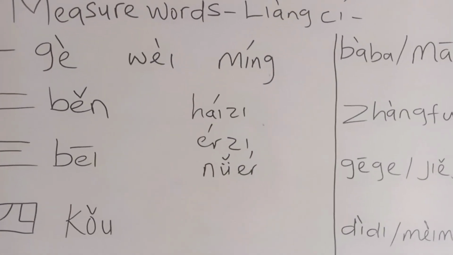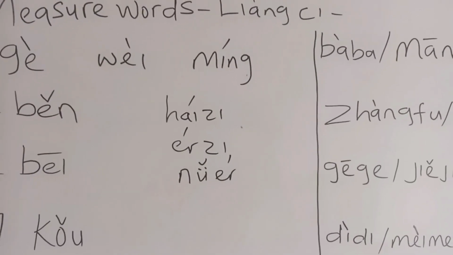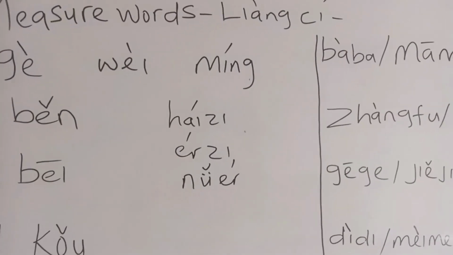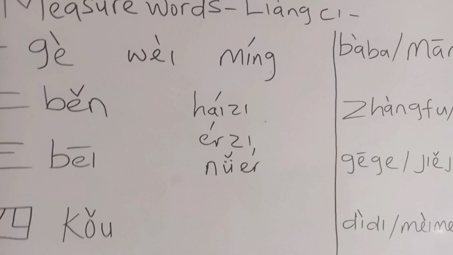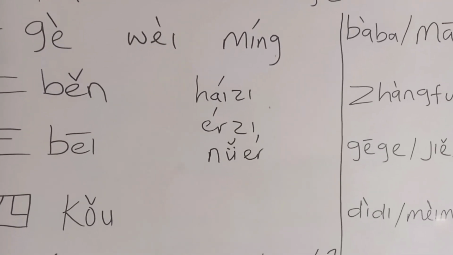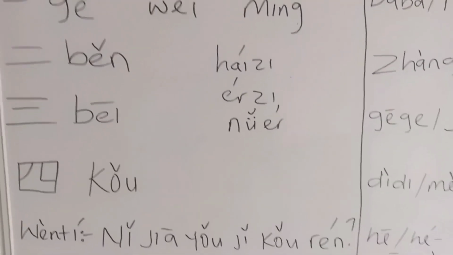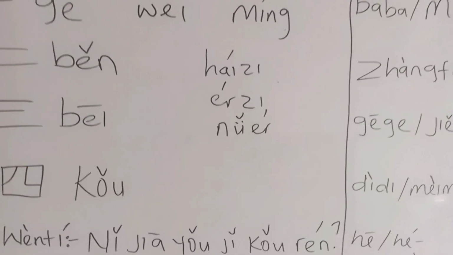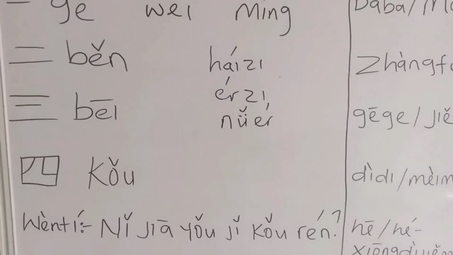So here is the word for child or children, 孩子. Then the word for son is 儿子 and the one for daughter is 女儿.